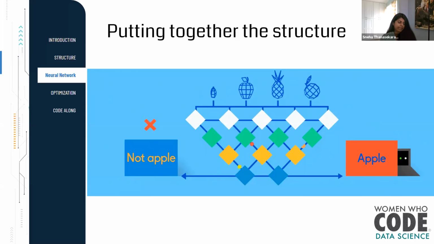Each node is equipped with an activation function, and there are different weights and biases coming in. Only the respective nodes are activated, and based on those activations, the classification is made of whether the incoming fruit is an apple or not an apple.